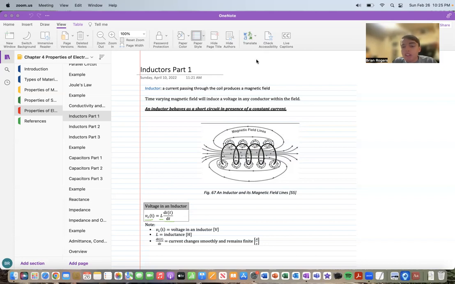So if you pass a constant current, then it's not going to be changing. So this would go to 0 and you would have 0 voltage across the inductor. So it would behave like a short because there would be no voltage drop across it. So current would just pass through. And so inductance is measured in units of henries, just so you know.